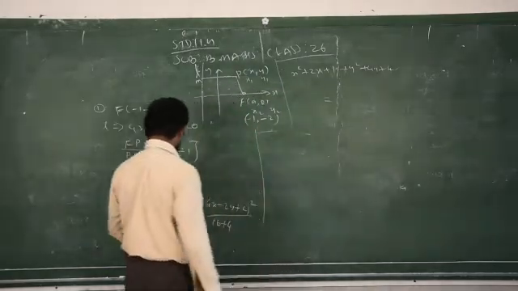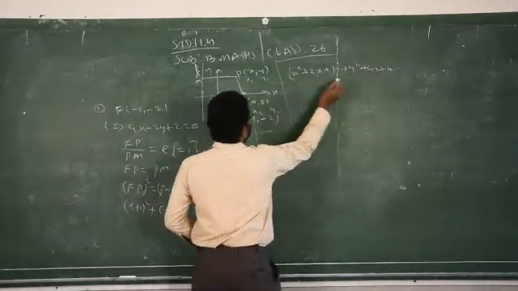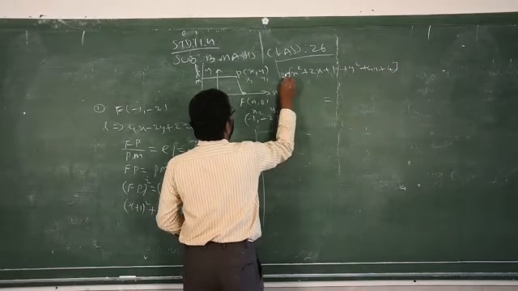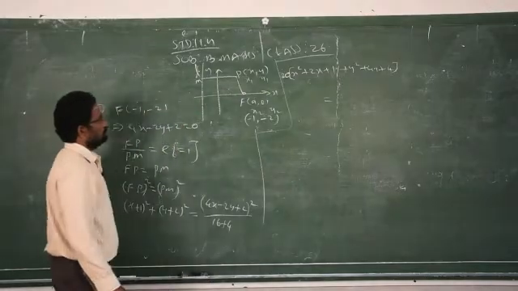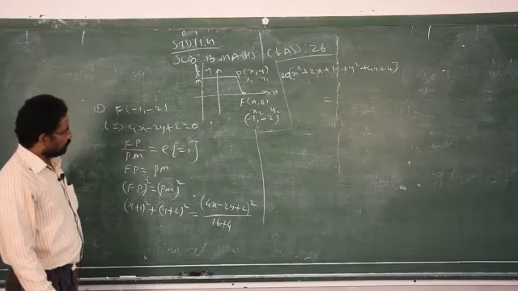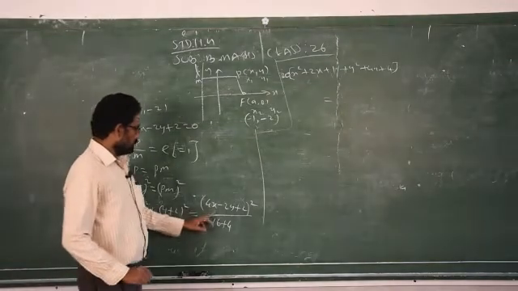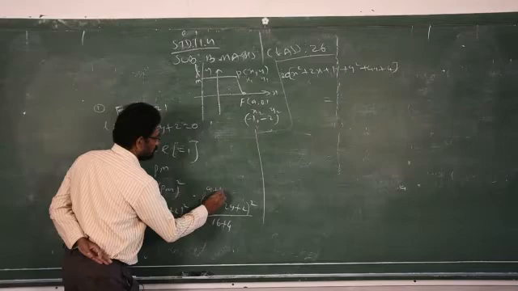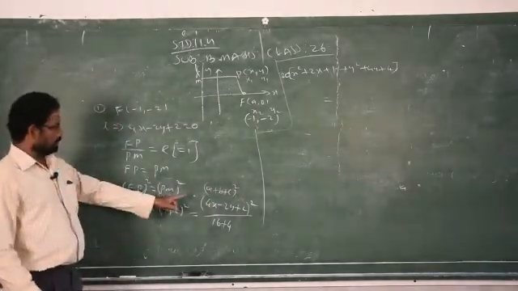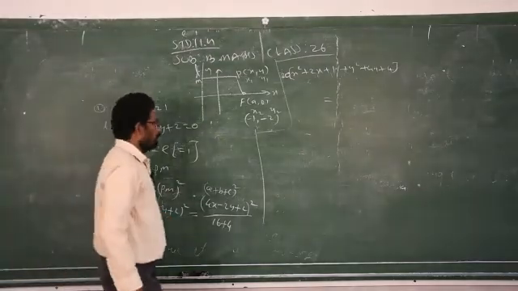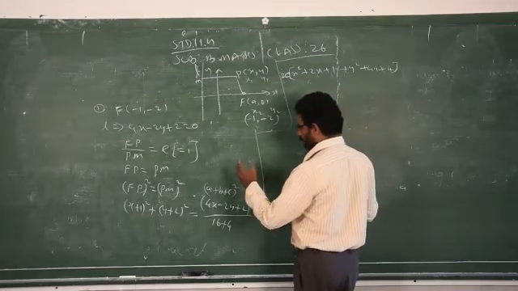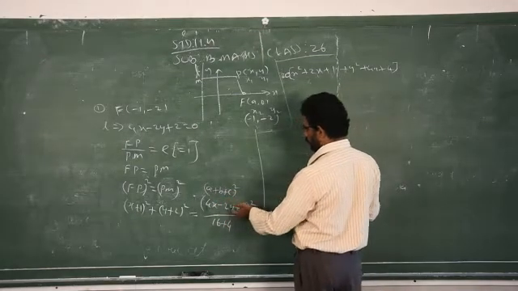This 16 plus 4 how much? 20. You just bring it to the right side, 20 into x square plus 2x plus 1 plus y square plus 4y plus 4 is equal to, this is in the form of a plus b plus c the whole square. You have to memorize this formula, a plus b plus c the whole square. How to memorize this formula? Very simple, you just have to square all the three terms.